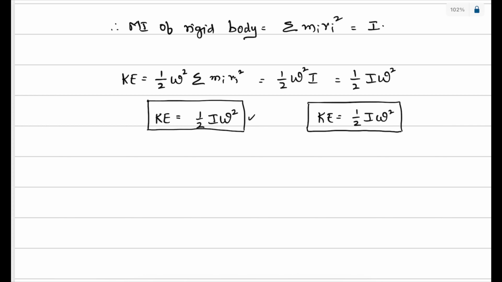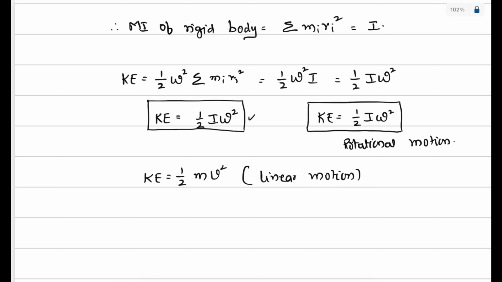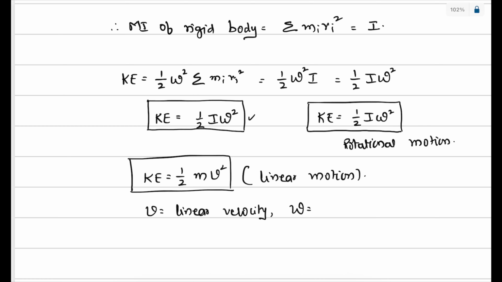Same kinetic energy, it is in the rotational motion. In linear motion, kinetic energy is equal to half m v square. Here, v is the linear velocity, omega is the angular velocity.